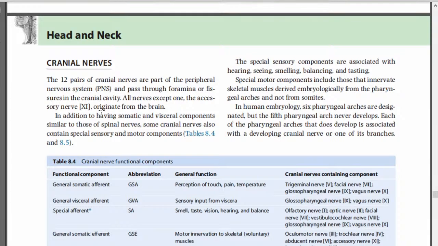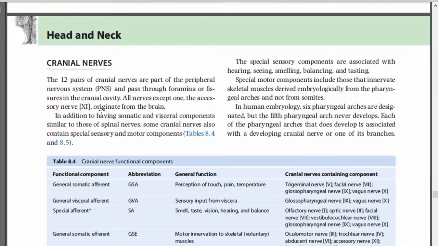So cranial nerves. Obviously, we know that there are 12 pairs of cranial nerves. There are various nerves in our body, and basically they either come from various body parts and go to the spinal cord, or they go to the cerebrum.